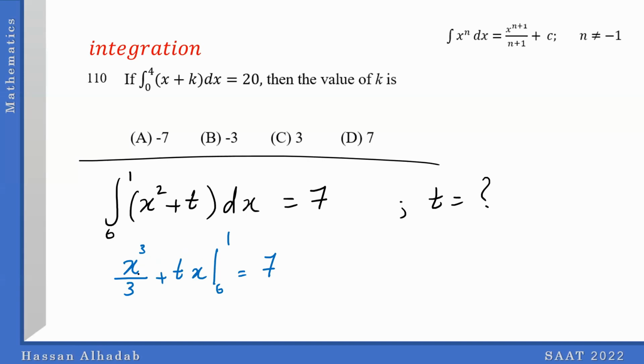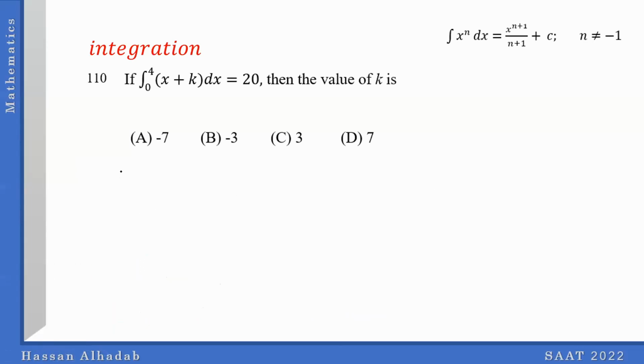For this one, you plug in 1, and with 0 it is going to be 0. So that's 1 over 3 plus t is equal to 7. That means t is equal to 7 minus 1 over 3, which is 20 over 3. So this is t.